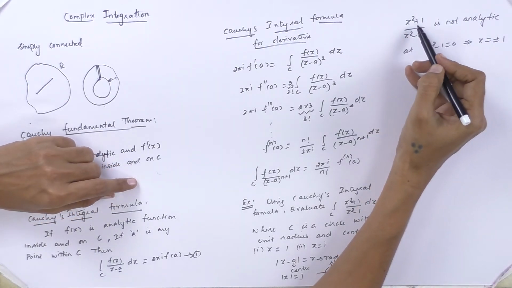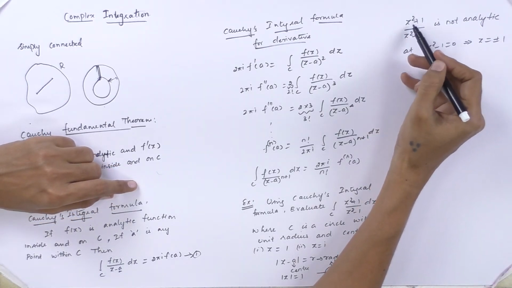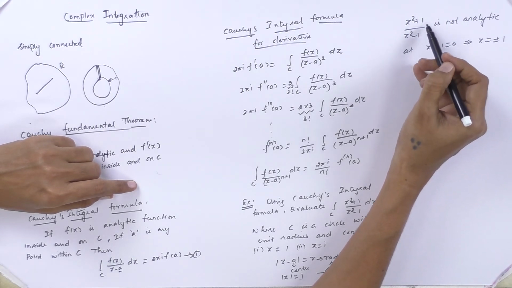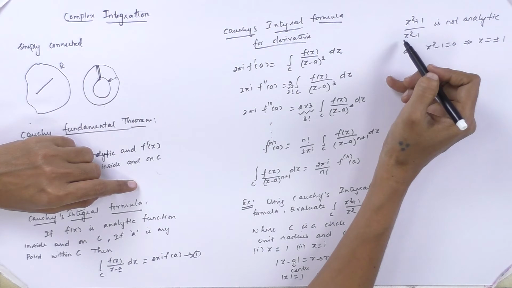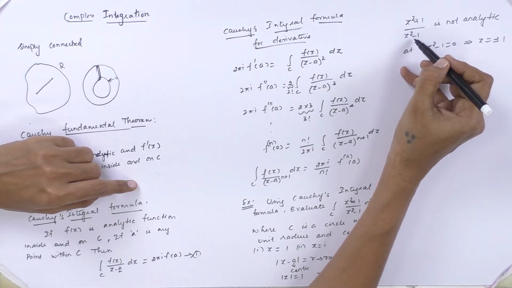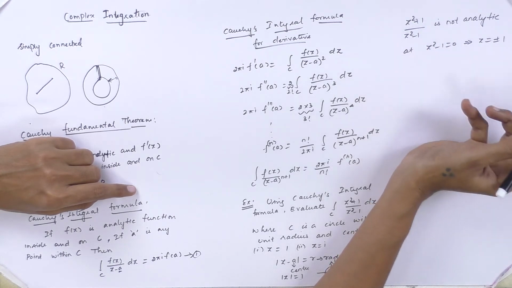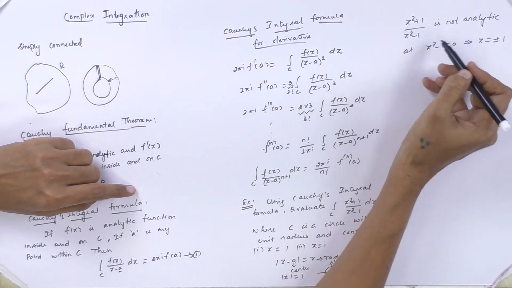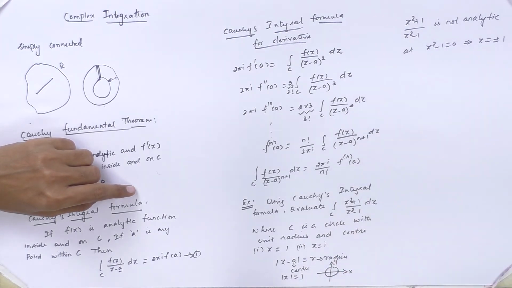So this function is not analytic at z equal to 1. When I put z equal to 1, the denominator becomes 0. Anything by 0 is infinity. And z equal to minus 1 also: minus 1 the whole square is plus 1, 1 minus 1 is 0, anything by 0 is infinity. So the denominator becomes zero, and therefore at these 2 points this function is not analytic.